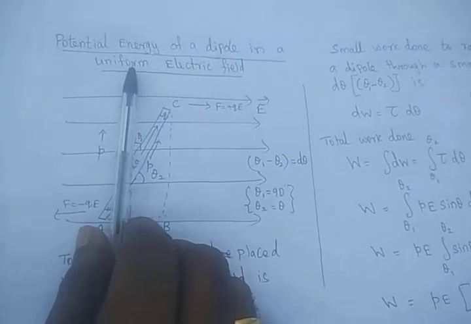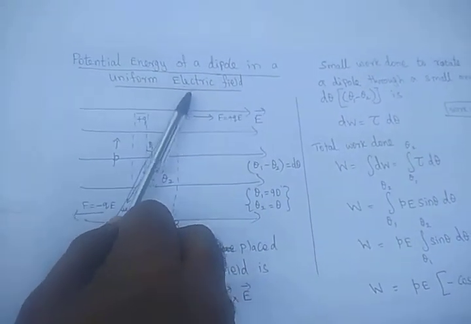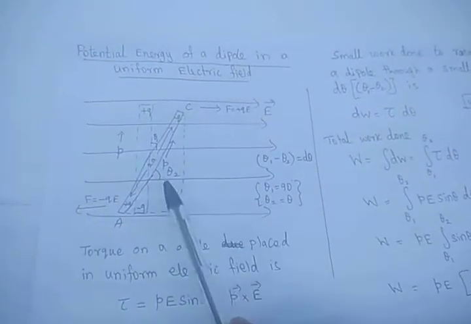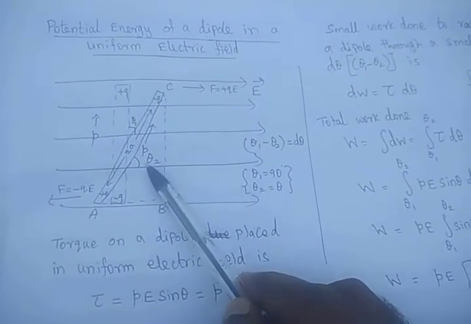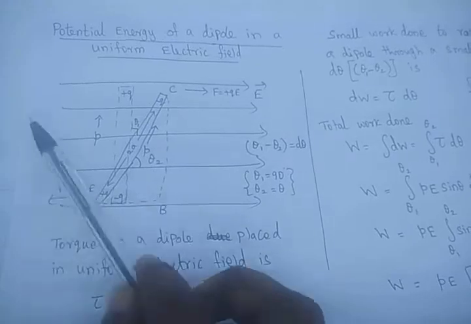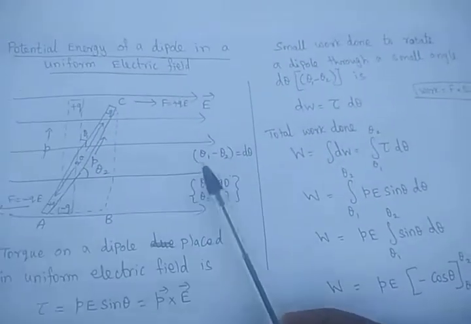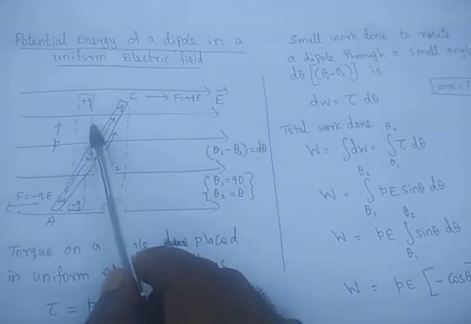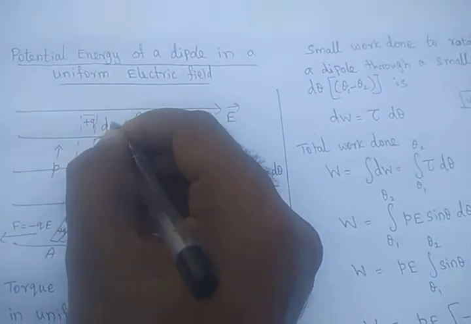So what will happen? Now the electric dipole will be rotated to an angle theta 2, that is, the angle between the electric dipole moment and the electric field is theta 2. So from theta 1 to theta 2 the electric dipole will be rotated through an angle d theta.